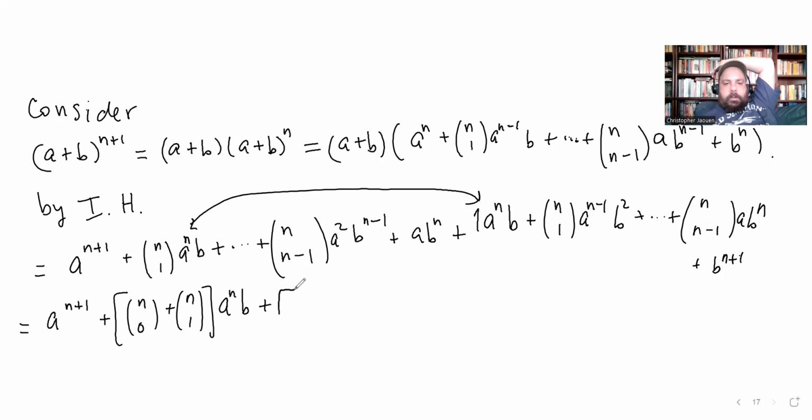We would get n times n minus, let me do the dot dot dot here. Dot dot dot, plus a squared b to the n minus 1, to the n plus 1.